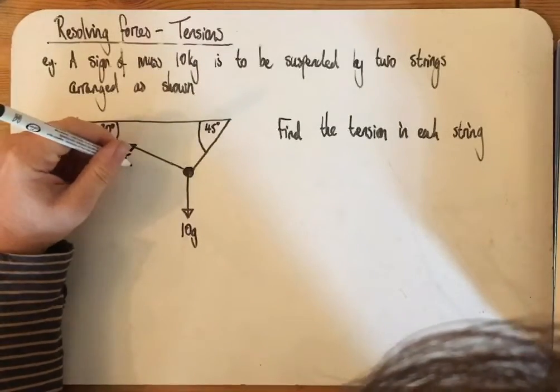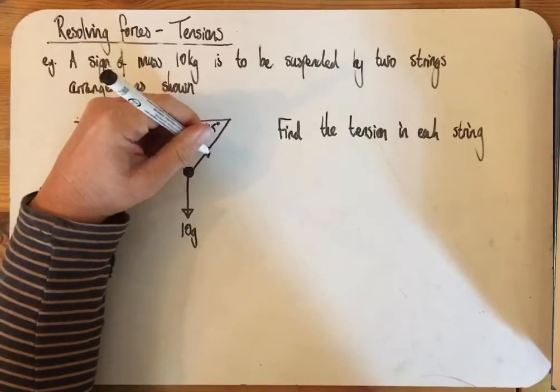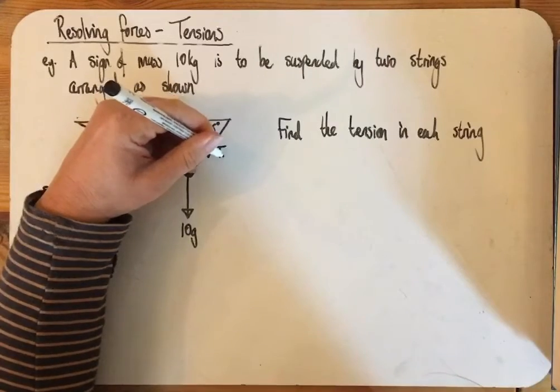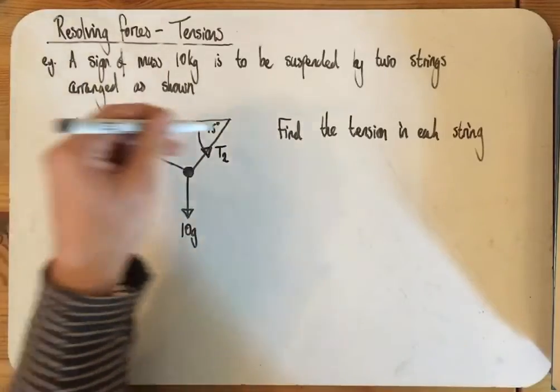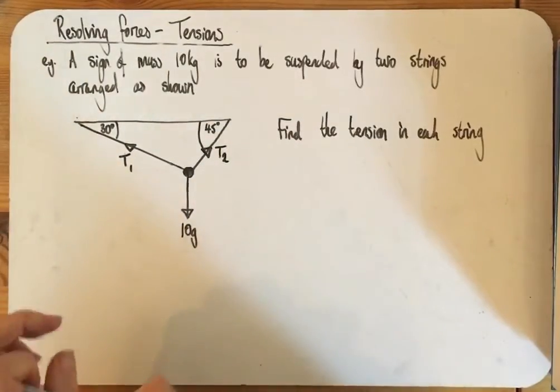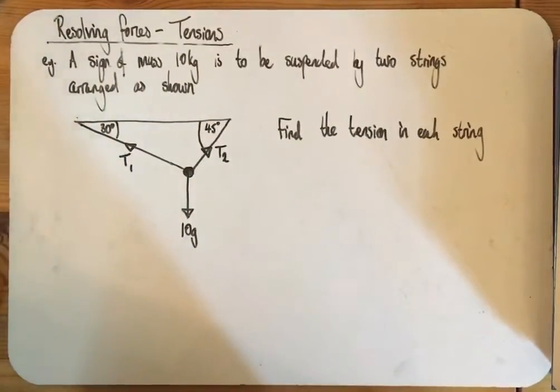So T1 and T2. And this is horizontal, so I've got angles to a horizontal, so it makes sense to resolve horizontally and vertically.